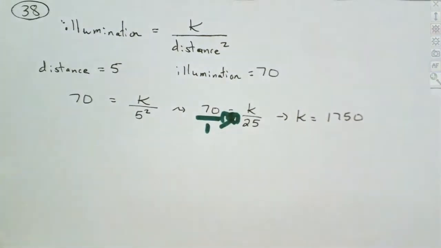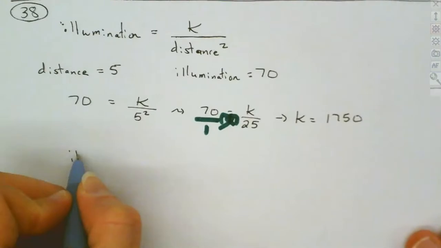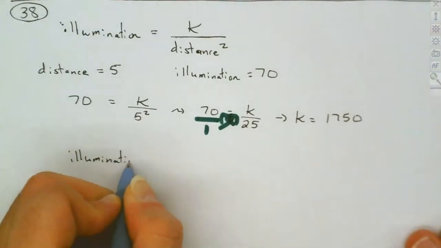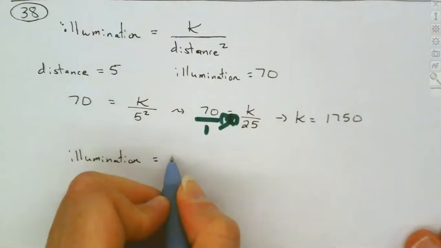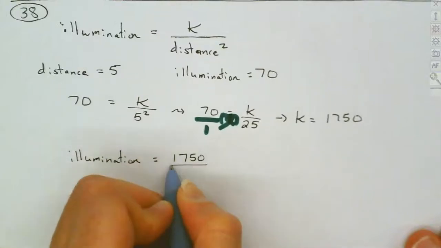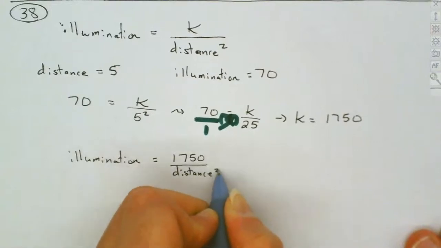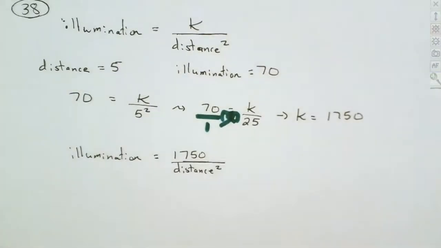Okay, so there's our new value of K. Is everyone okay with how I did that? We plugged our values in, we worked it out.